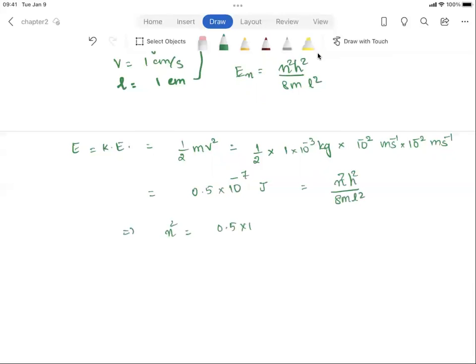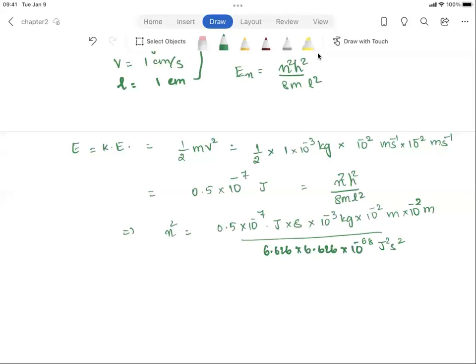Now it's going to be 8, the mass of the particle is 1 gram, and the length of the box is 1 centimeter, or 10 to the power negative 2 meters. This is just h squared.